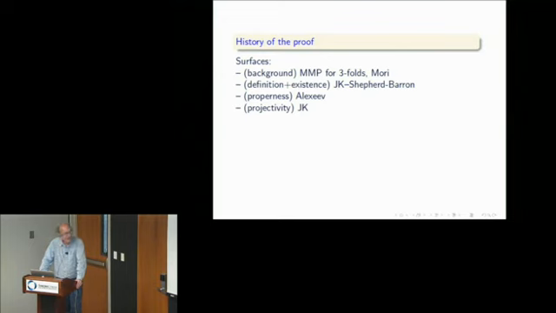And then these things I said about specialization, the specializations exist and they are unique. That means that these moduli spaces satisfy the valuative criterion of separatedness and properness. And so they are separated, that's fine.